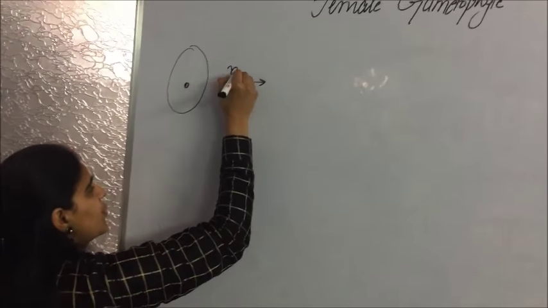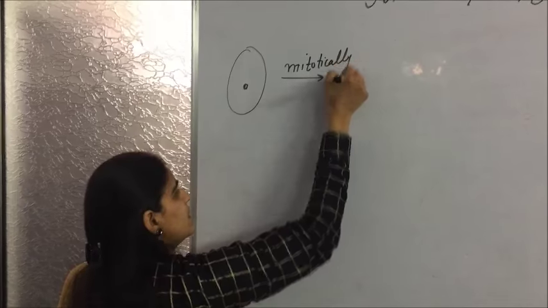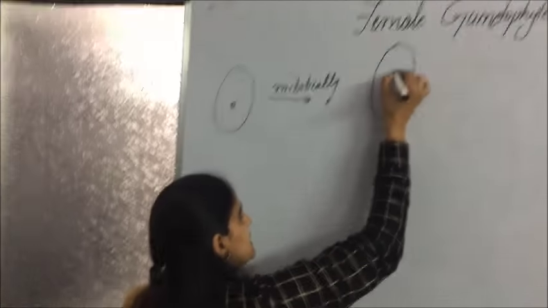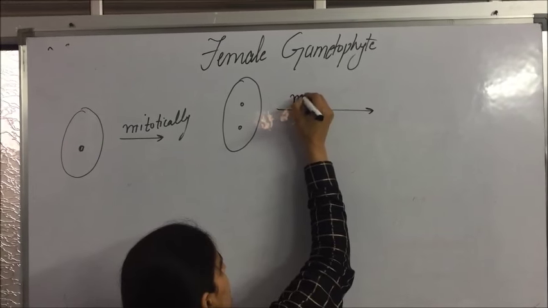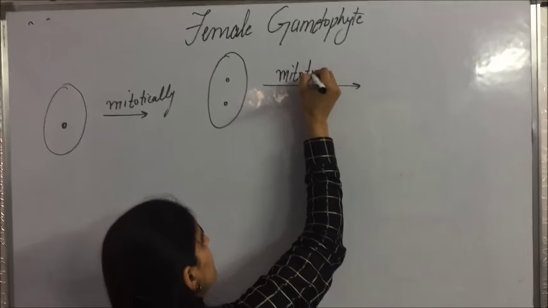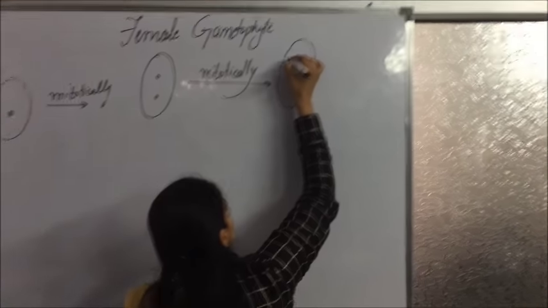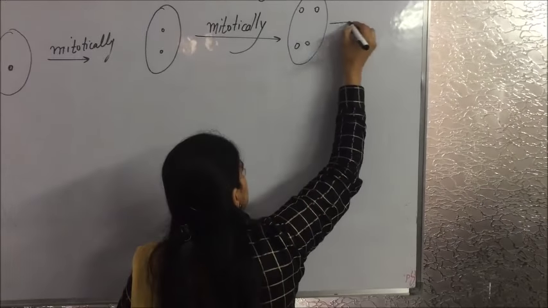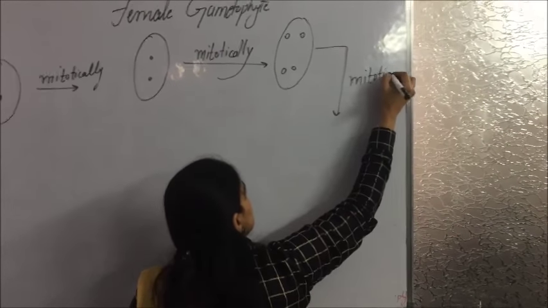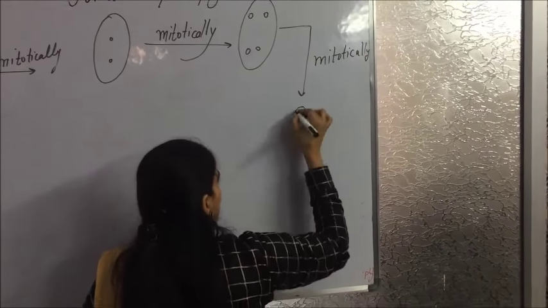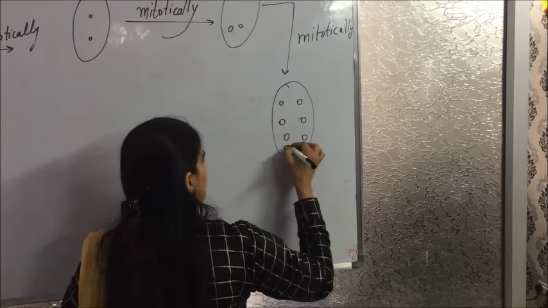It will divide mitotically first to form 2 nuclei inside a sporangium. Then it will again divide mitotically and form 4 cells in a sporangium. It will again divide mitotically and form 8 cells in a sporangium.